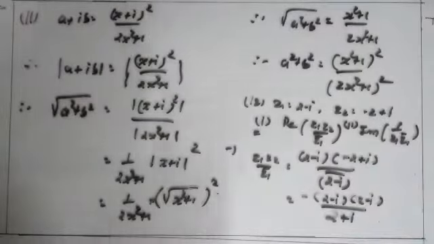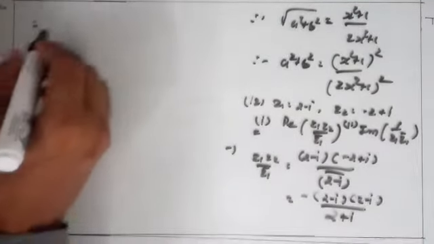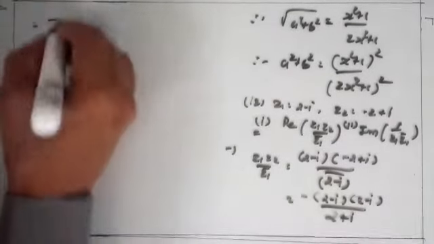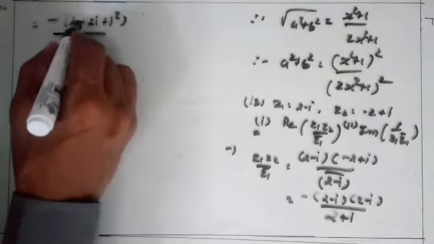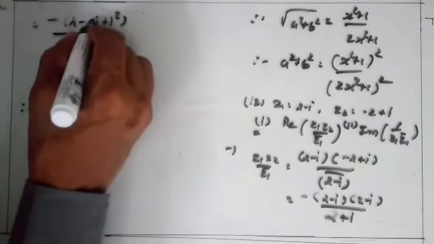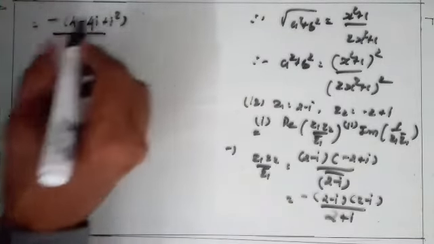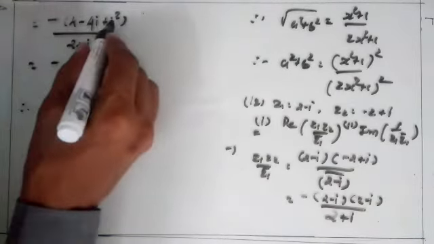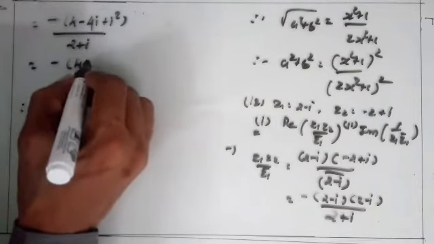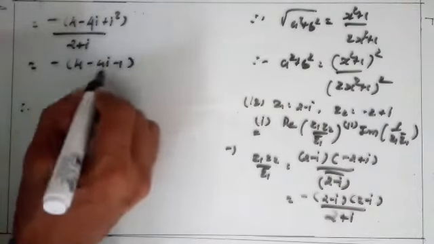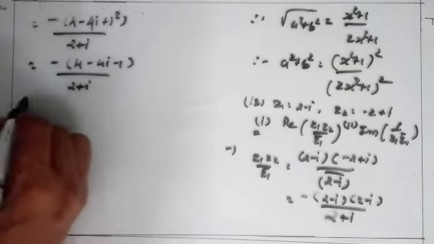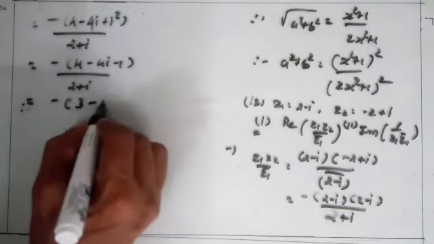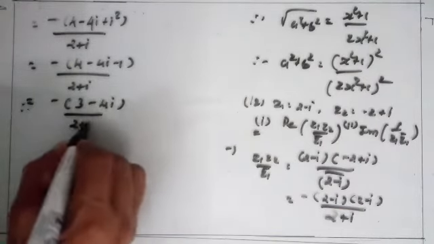Okay, now simplify this. So minus, 2 minus I becomes 2 minus I square, that is 4 minus 2 into I, that is 4I, plus I square, upon 2 plus I. Now I square equal to minus 1, we know that, so 4 minus 4I minus 1 upon 2 plus I. So it is equal to minus, 4 minus 1, that is 3 minus 4I upon 2 plus I. Clear?